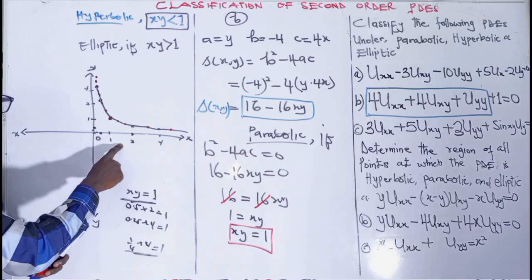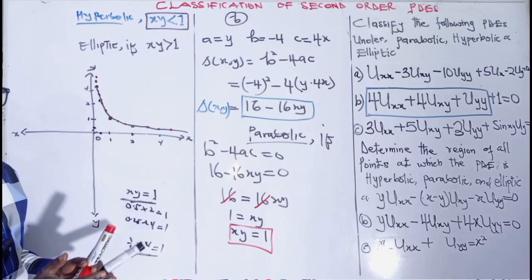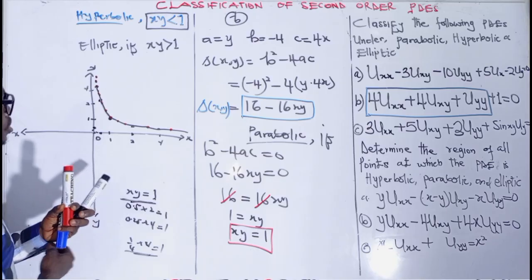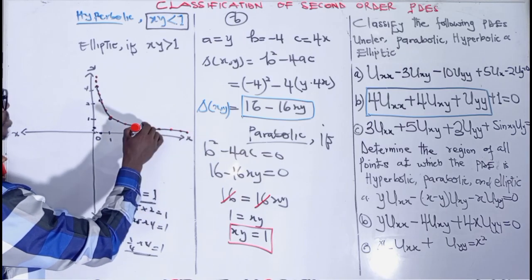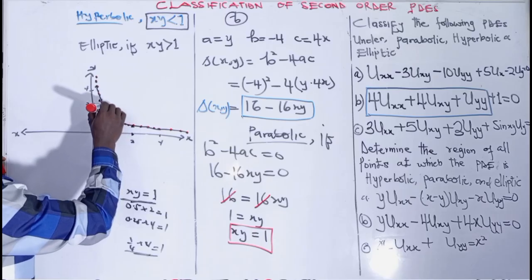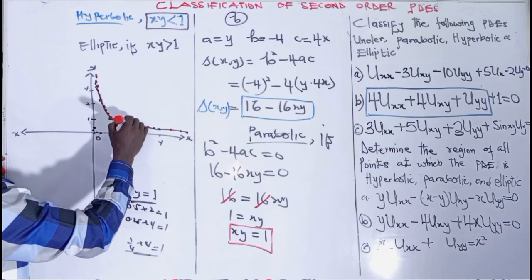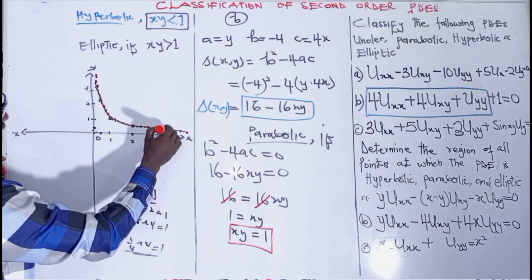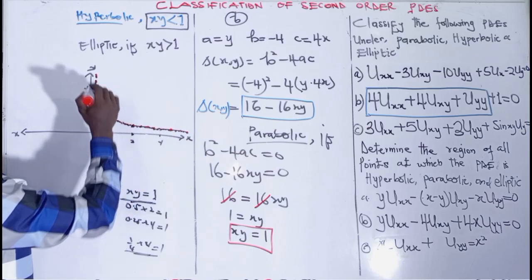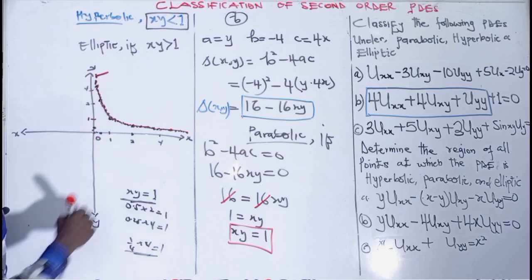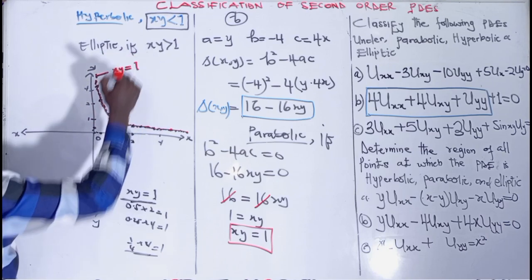We are picking the easiest ones because we are sketching. So any point on this line will make the PDE parabolic. This is what the equation xy equal to 1 looks like.